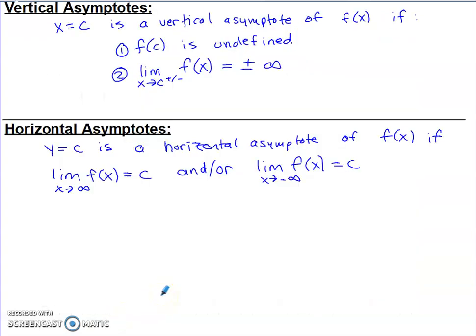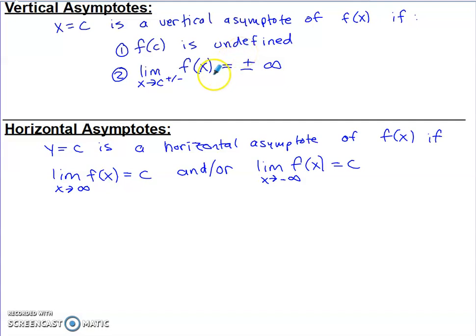So just some information that we'll need to use throughout this. X equals c is a vertical line, and it will be a vertical asymptote of a function f of x if two things happen. Your function is going to be undefined at the location of a vertical asymptote.